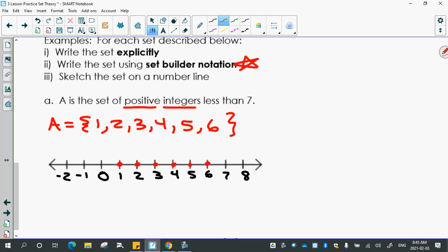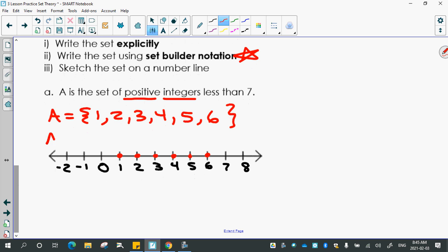So there I drew it, and I said the numbers in it, but now I want to use this new thing called set builder notation, okay? So this is how I write that in set builder notation. So A is the set. And we'll always use X to represent our numbers. So the set of numbers, so this X stands for a number.